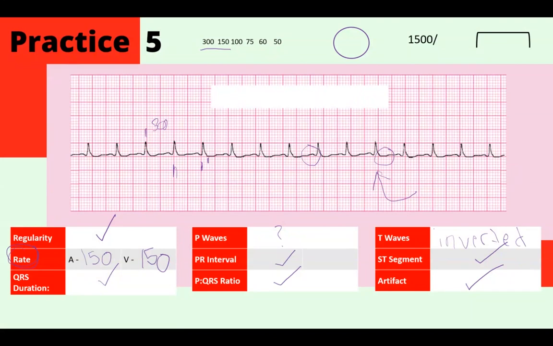So you could call this a sinus tachycardia, and I would accept that answer. You could also just call this your generic umbrella term of a narrow complex tachycardia or a supraventricular tachycardia, because you're not 100% sure those are P waves that you see between each QRS complex.